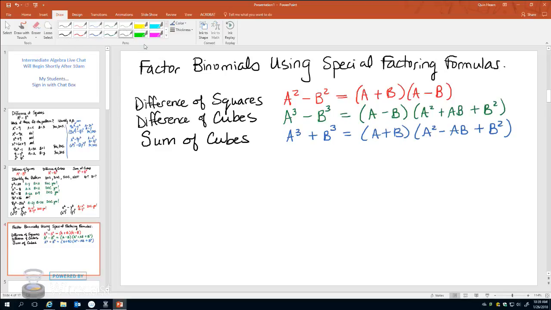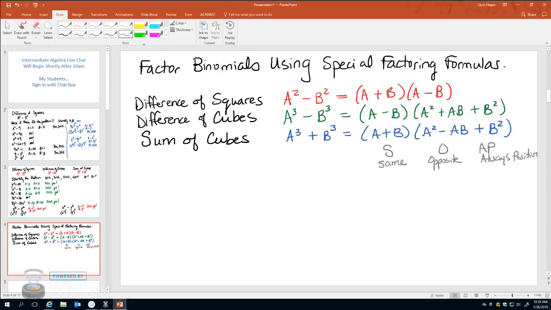It's called SOAP, S-O-A-P. And what it stands for is the same sign as you started with, the opposite sign that you started with, and always positive. So what I mean by that is when you go to factor a pattern of a cubed minus b cubed, you know that the first sign is going to be minus because it's the same as what you started with.